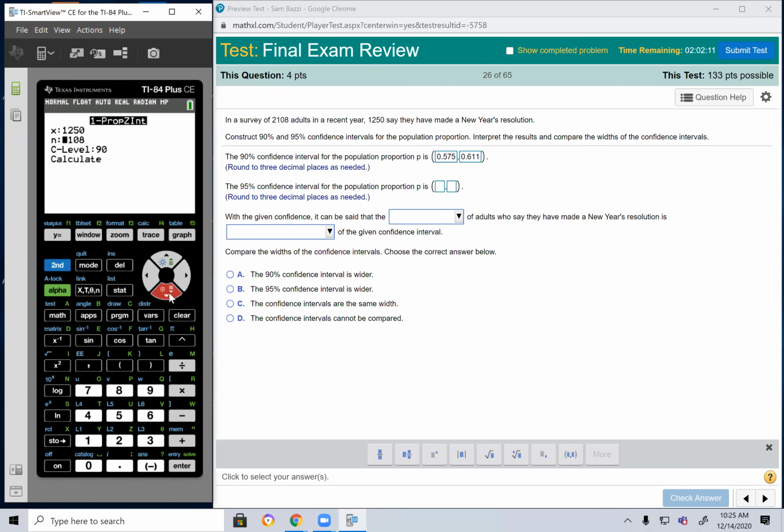Okay, same thing, guys. Just do this, 95. It's going to be a wider interval, 0.572. You can see the lower will become lower and the upper will become higher, 0.614.